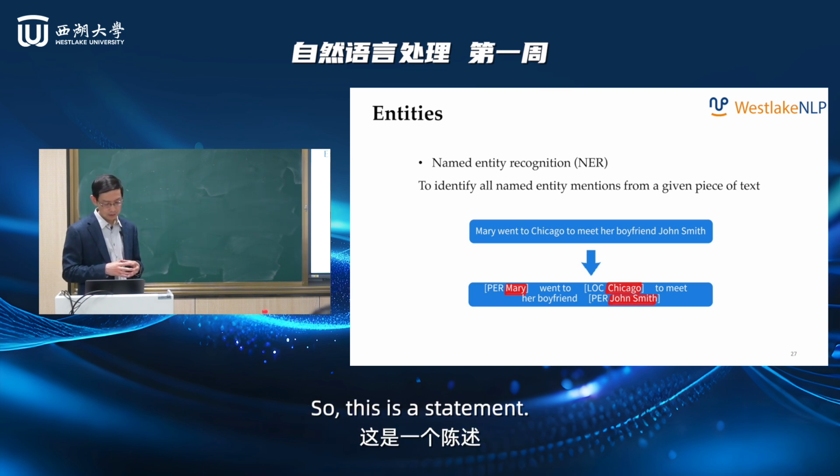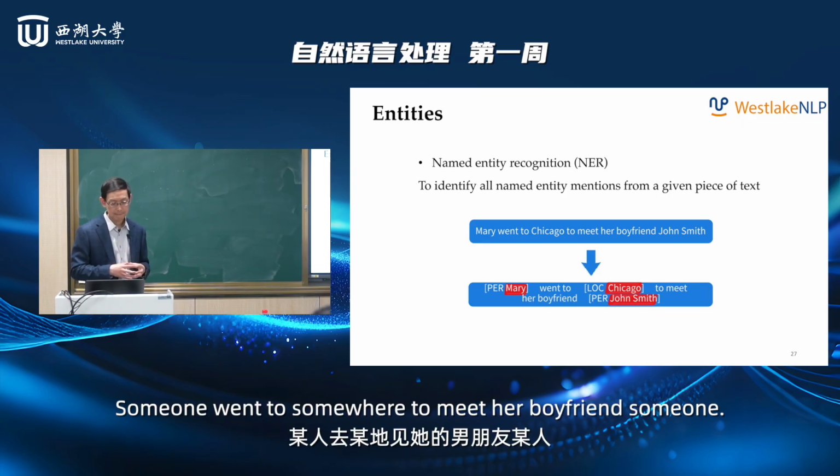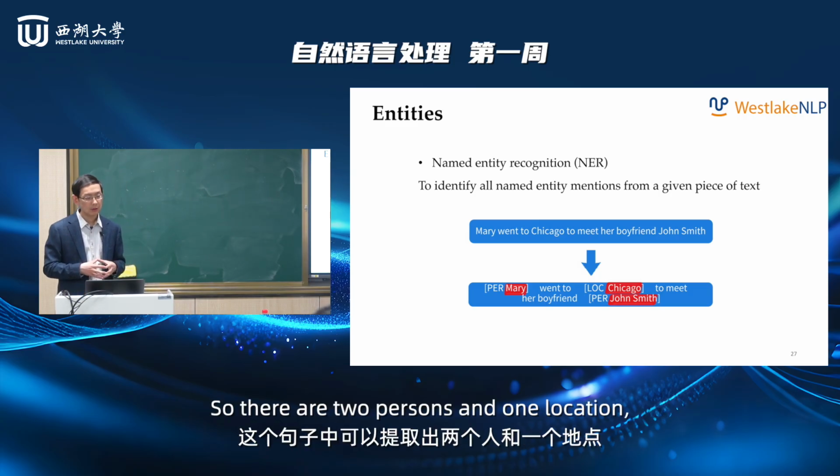So this is a statement. Someone went to somewhere to meet her boyfriend, someone. So there are 2 persons and 1 location which can be extracted from the sentence.